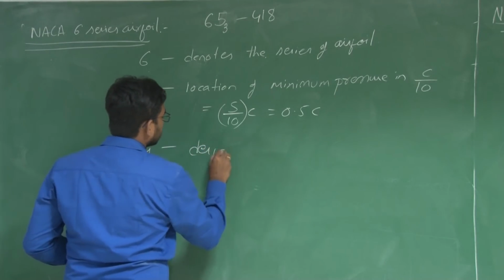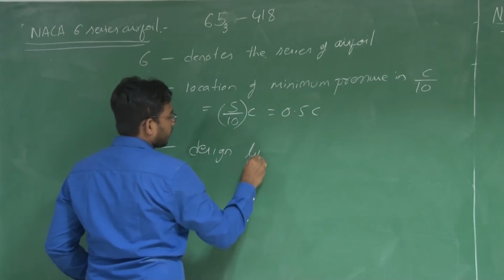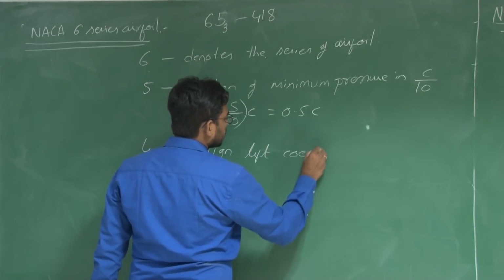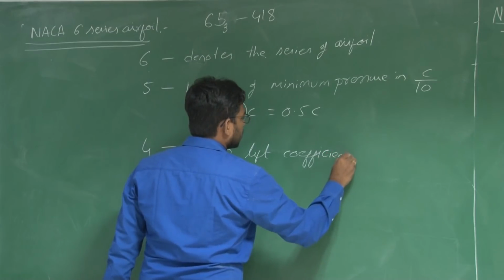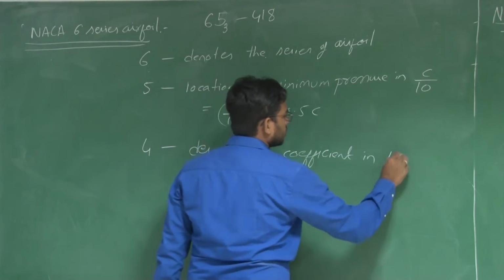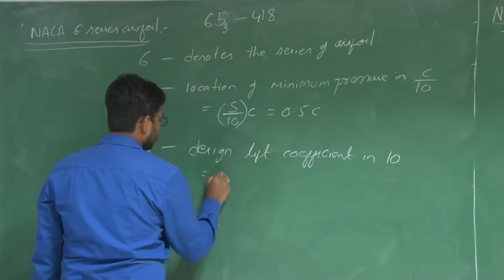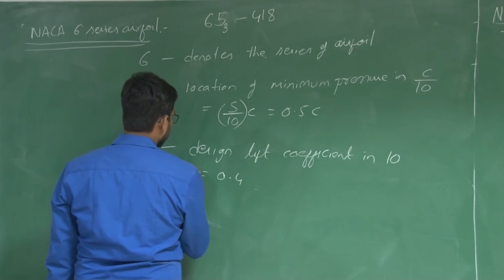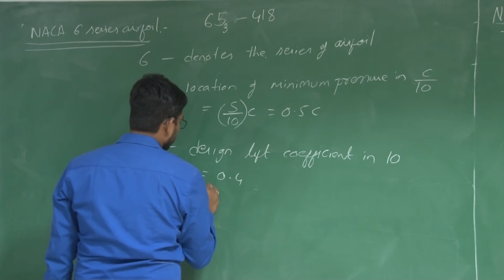So design lift coefficient in tens, that is 0.4, is the design CL of this airfoil.